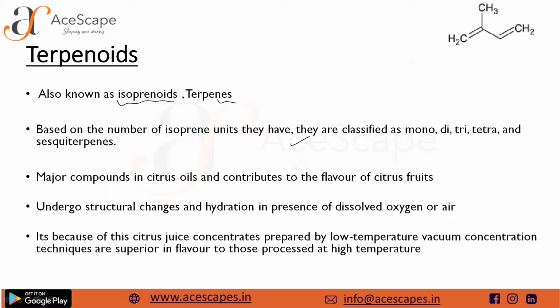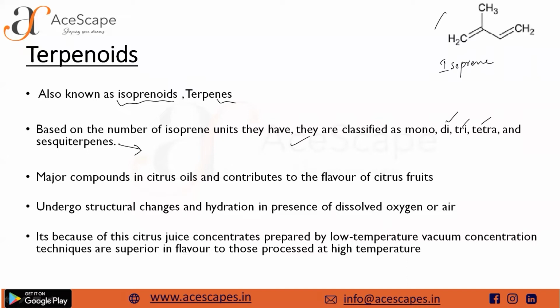Based on the structure, this is known as an isoprene unit. This is the major structural part of terpenoids. Based on how many isoprene units are there, we can classify terpenoids into different categories like terpenes, triterpenes, tetraterpenes, sesquiterpenes.